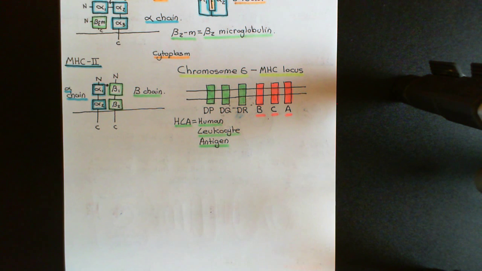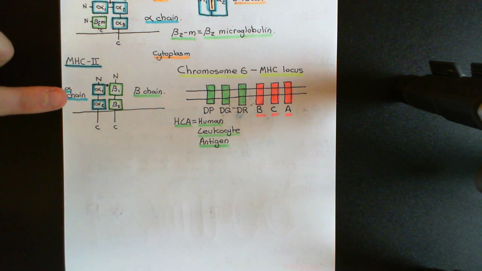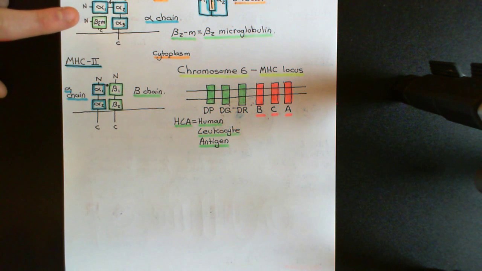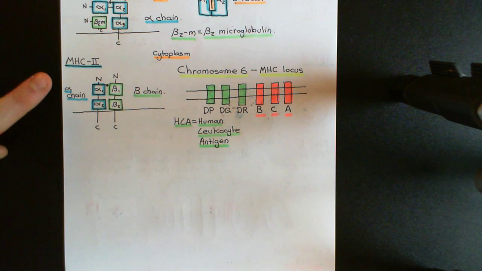Okay, right. And remember also that the MHC class 1 complexes, they will like to present antigen fragments between 8 and 10 amino acids, whereas the MHC class 2 protein complexes, they will like to present peptide fragments between 12 and 20 amino acids. Okay, so that's the first difficult concept.